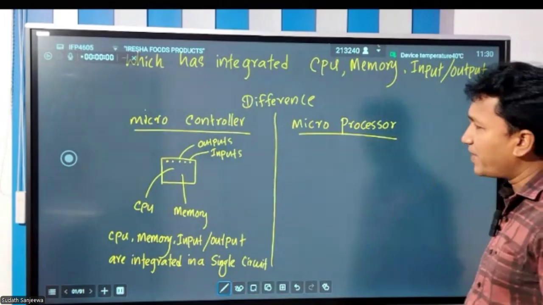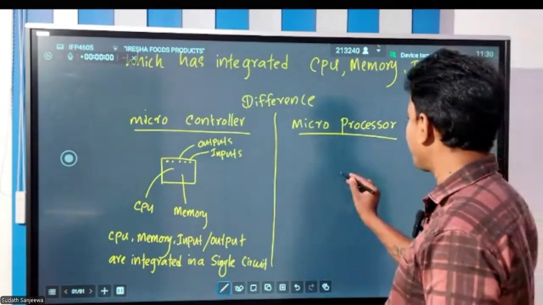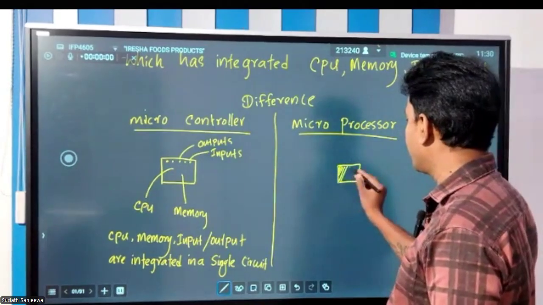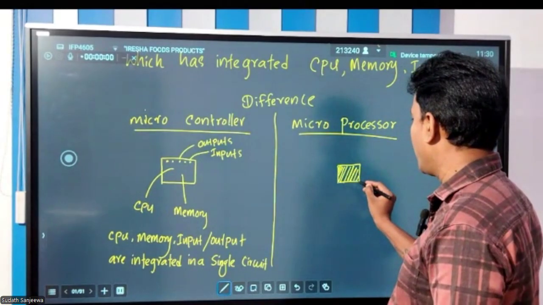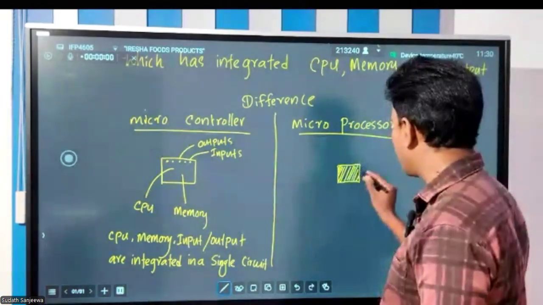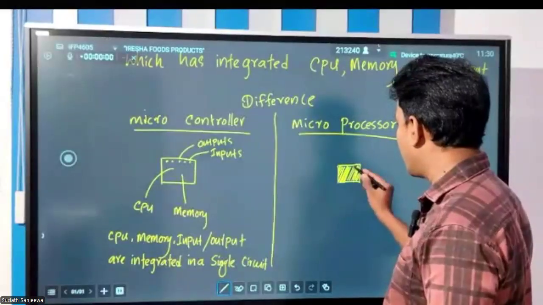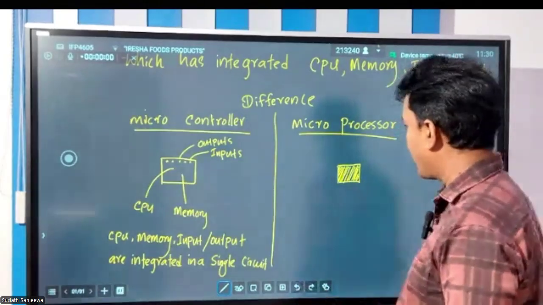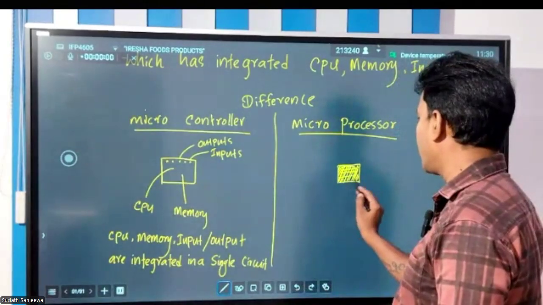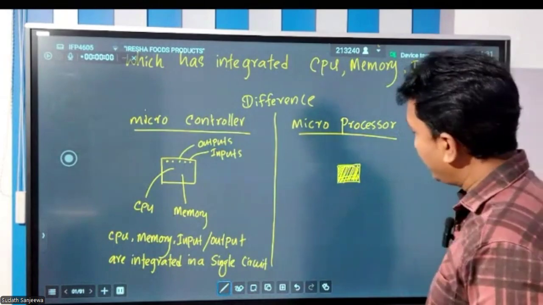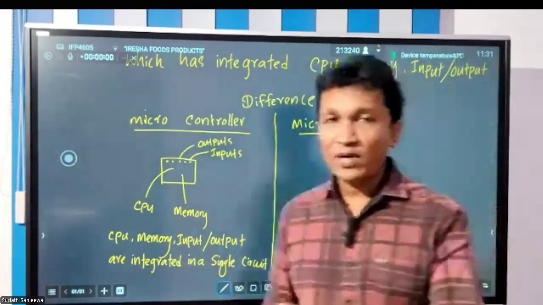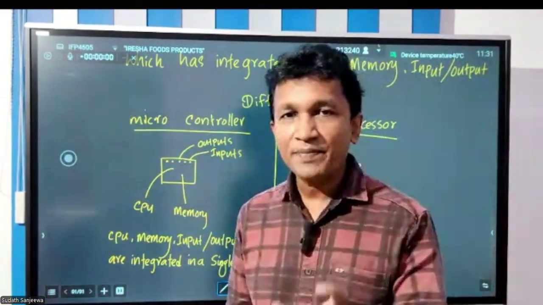So then what is a microprocessor? We know the processor in any computer. So what is the difference of this processor? A processor only contains a CPU.